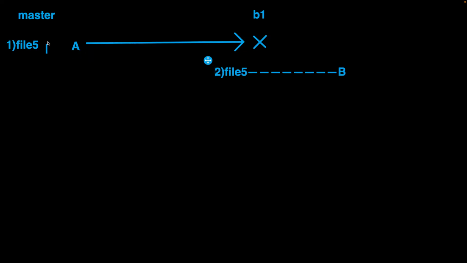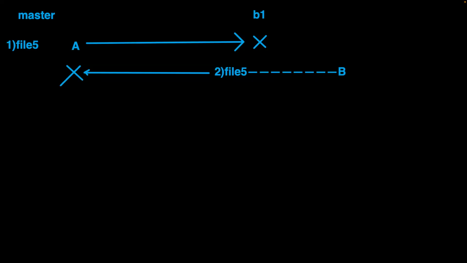Step 1, we did file 1, commit A, then went to B1, made a file 5, and made commit B. Is this commit B available on master? No, it's not there.